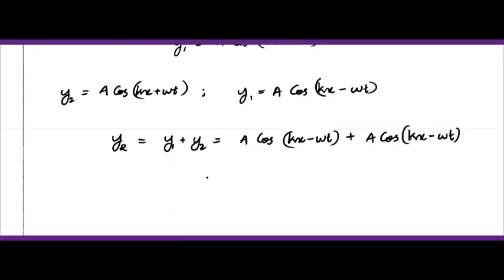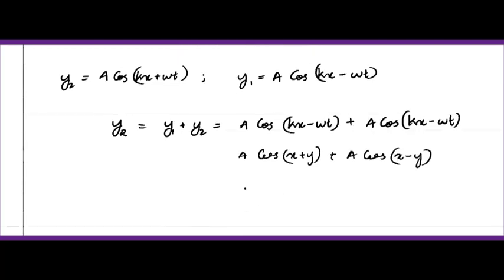This equation is in the form of a trigonometric equation, that is a cos(x plus y) plus a cos(x minus y), and their resultant is given as 2a cos x cos y.